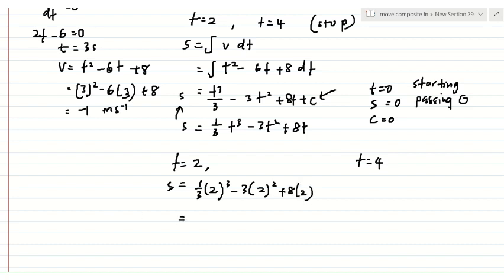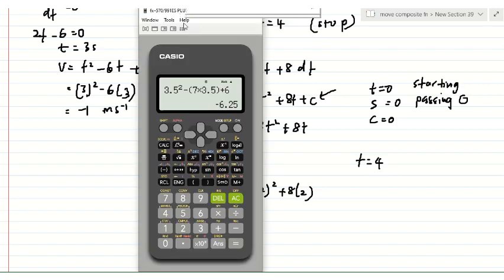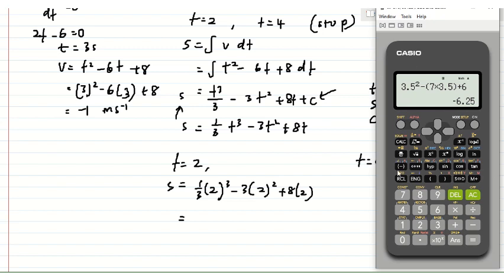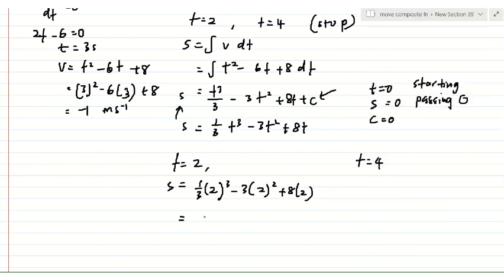The answer is 6.667, or we can write 20 over 3, because the calculator gives a very long decimal.